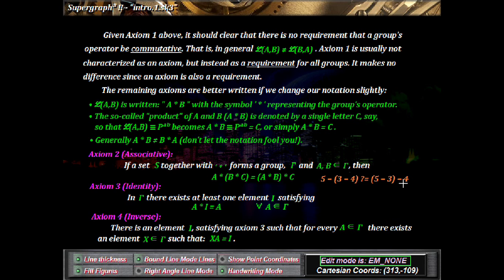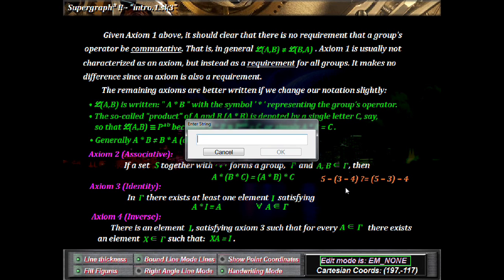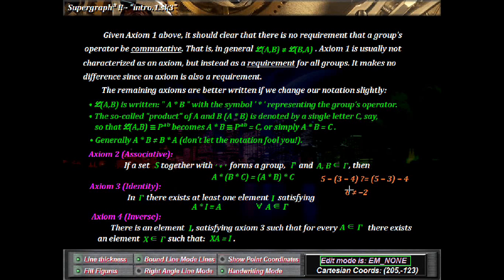And if we subtract 4 from that, we get minus 2. This side gives 6, this side gives negative 2. So subtraction is not associative.